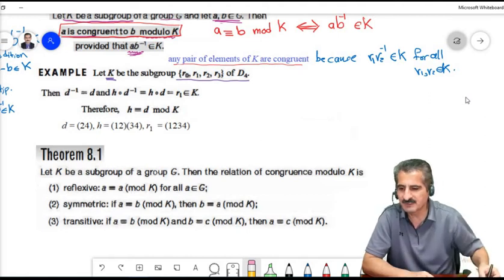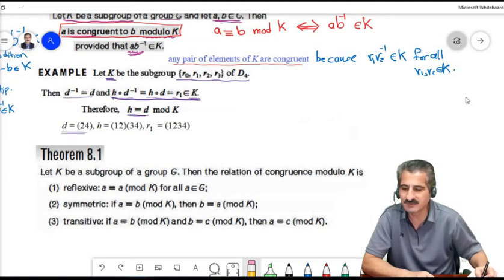Now this explains that D inverse is D, and H times D inverse is H times D, and that equals R1, and it belongs to K. So what we got here, H times D inverse belongs to K. That means H and D are congruent modulo K, where D is given this way. This is D, so it equals its own inverse.